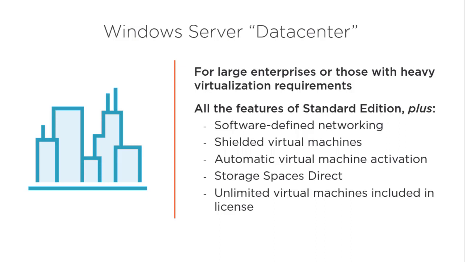In this edition we don't need extra switches or routers or firewalls, because we define the networking in software. Shielded virtual machines, where the virtual machines are isolated from each other. Automatic virtual machine activation, so we don't go for individual virtual machine activation. Storage Spaces Direct, and unlimited virtual machines included in this license. So this license caters to unlimited use of virtual machines. So these are the three types of Windows Server editions.